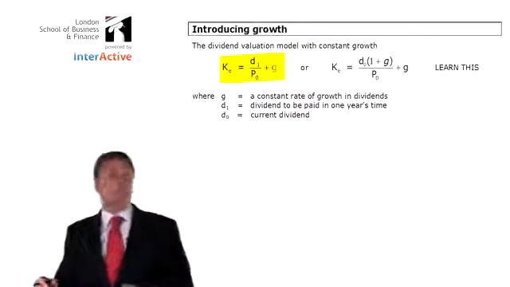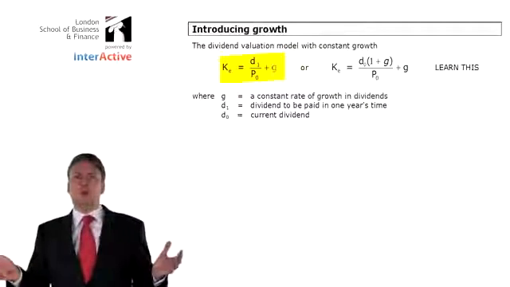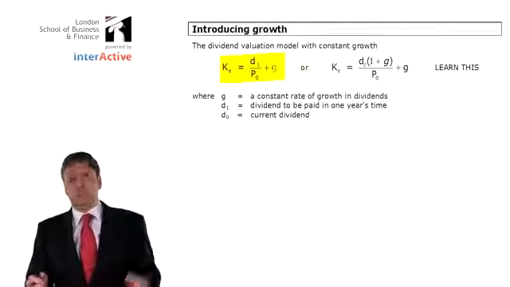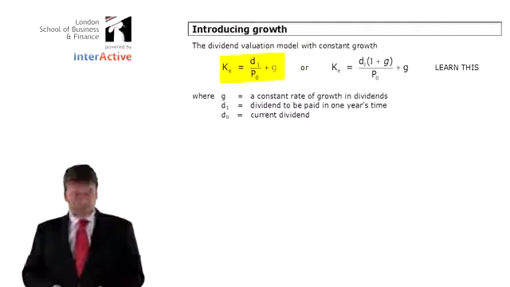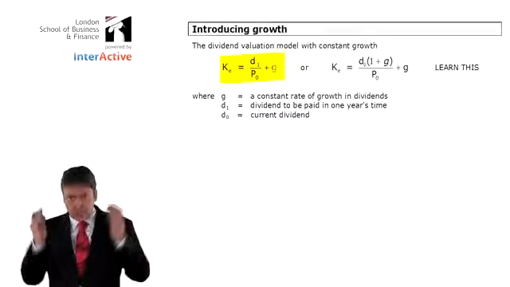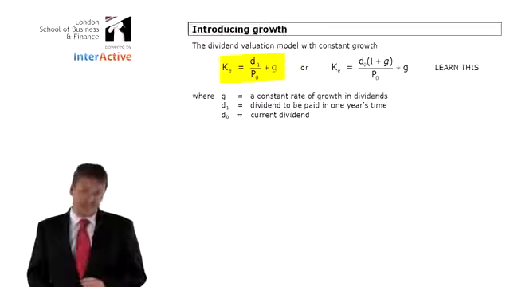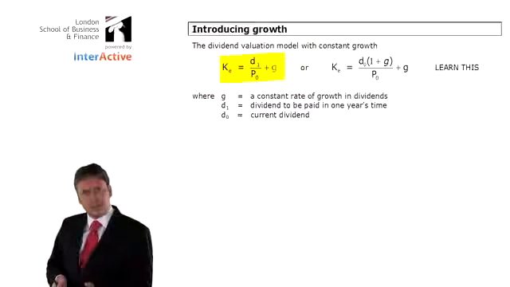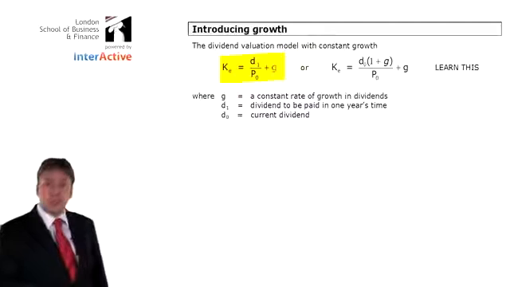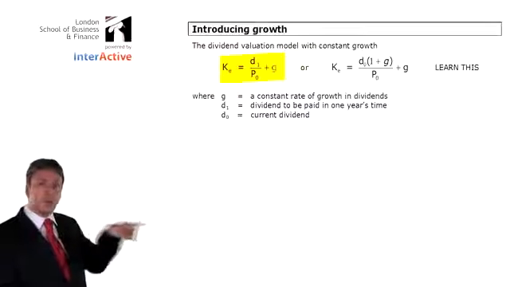KE equals D1 over P0 plus g. Well, what does D1 mean? We're standing at year 0. We're calculating P0, that is the price at year 0. But remember, we've said that we're calculating everything ex-div. And that means that the first dividend that we expect to get will be in 1 year's time.